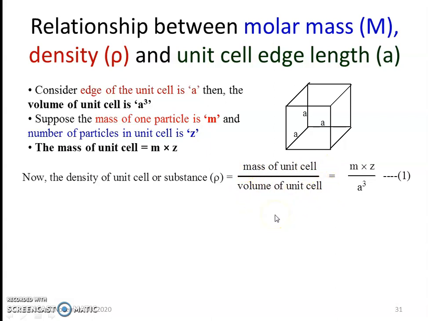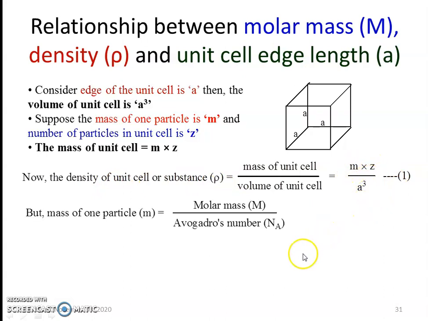Actually, the formula for density is mass upon volume, and therefore the density of the unit cell is equal to the mass of the unit cell upon the volume of the unit cell. But the mass of the unit cell is m into z, and the volume of the unit cell is a cube, and therefore the density of the unit cell, that is rho, is equal to m into z upon a cube.